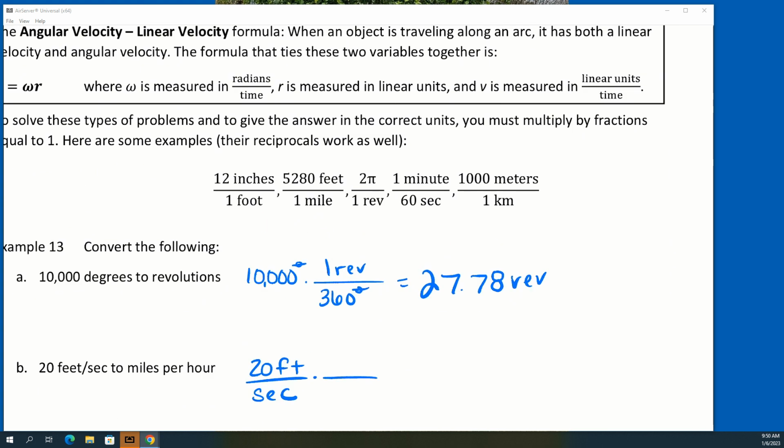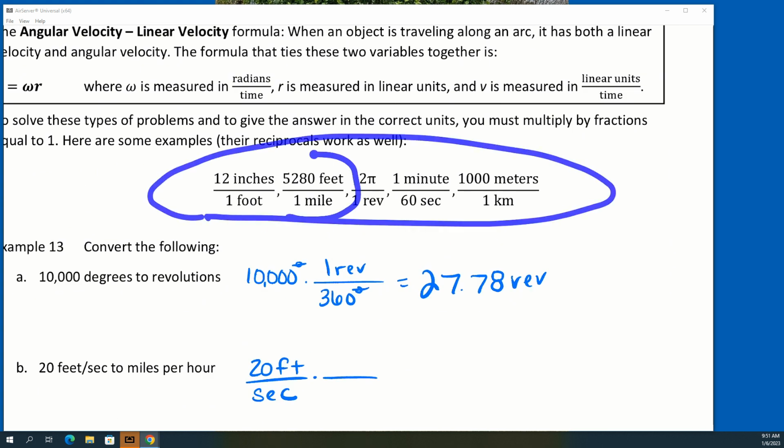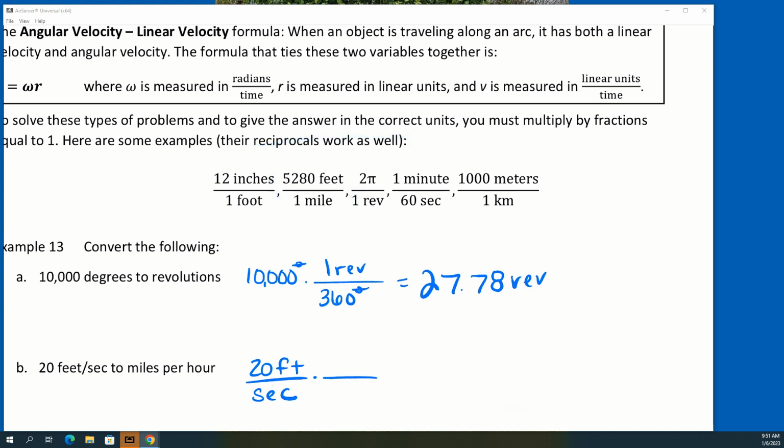Now, out of all of the different things that you're going to need to memorize, that one might be the hardest. I feel like you know everything about time, inches and feet and things like that, but you might not know that there's 5,280 feet in a mile. If you're used to the metric system, this is going to be a little bit harder for you.